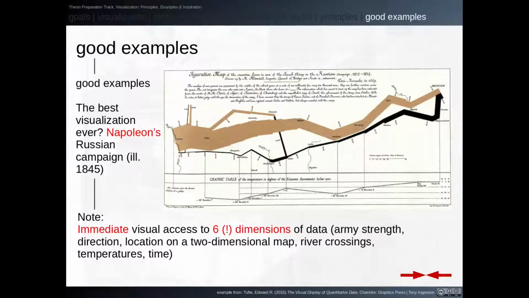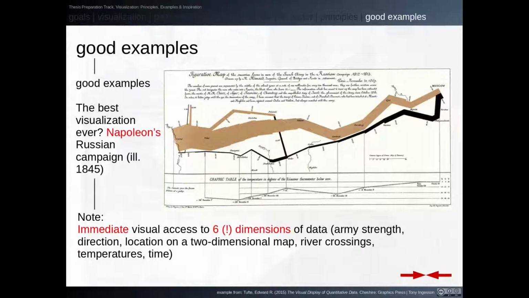If we start at the left, where the brown line is at its thickest, that shows you the size of Napoleon's army as it moved out, headed towards Moscow. And then the brown line thins out gradually as they get ever closer to Moscow. You can also see that a part of the force leaves the main force and goes in another direction.